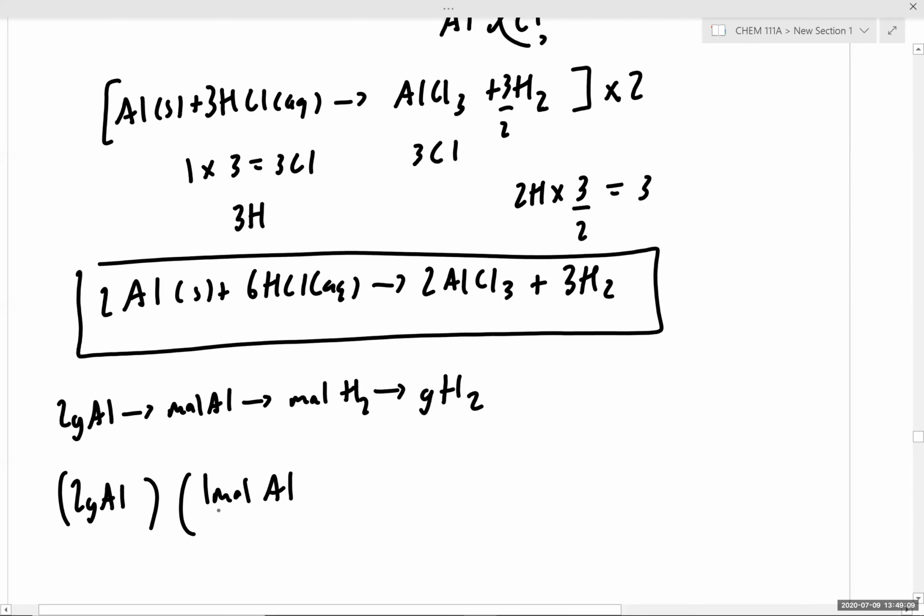In 1 mole of aluminum, I have how many grams? What is the molar mass of aluminum? 27. Yep, so we have 27 grams per mole of aluminum. Now looking at our equation, how many moles of hydrogen do we have per mole of aluminum?